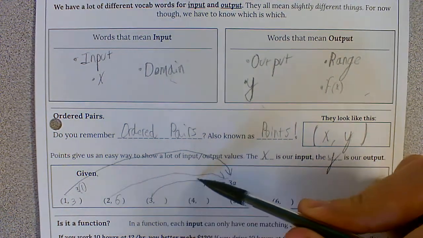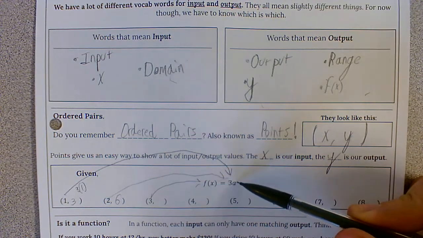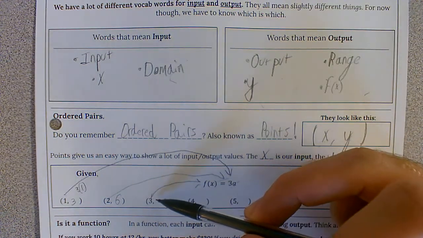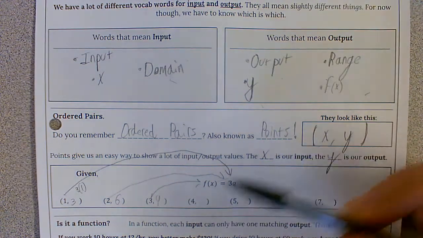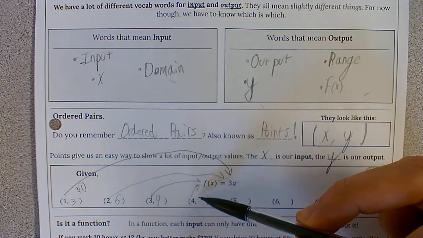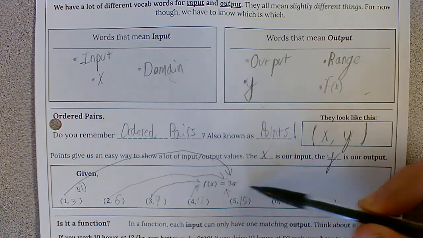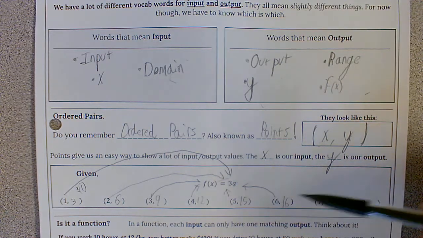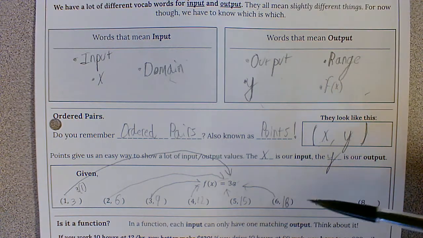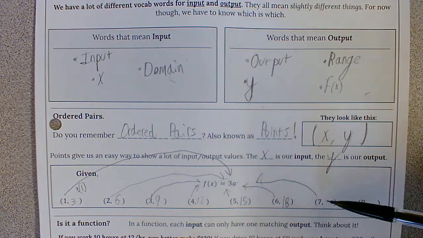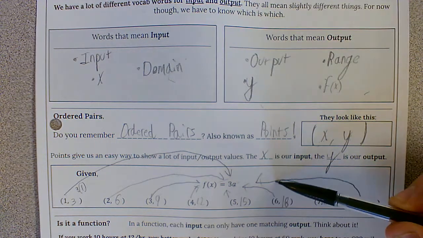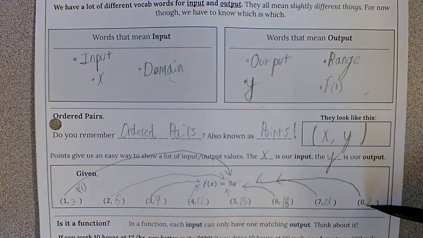Plug in 3. Plug in for x. And I get 9. Plug in 4. I get 12. 5. I get 15. 6. I get 18. 7. I get 21. And 8. I get 24.